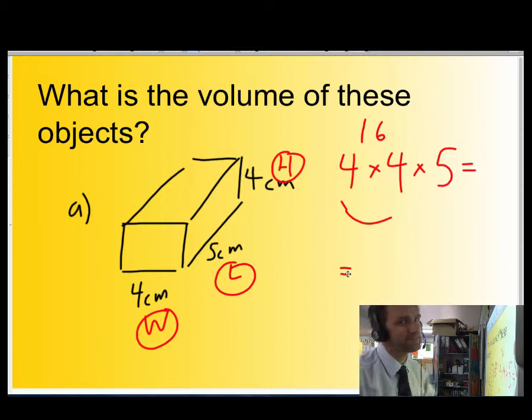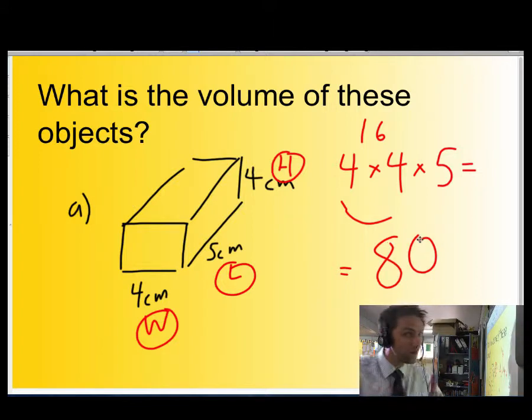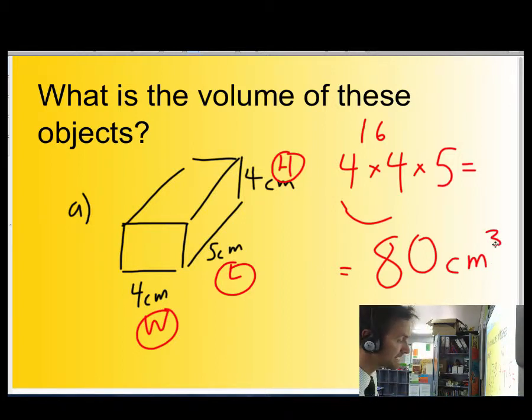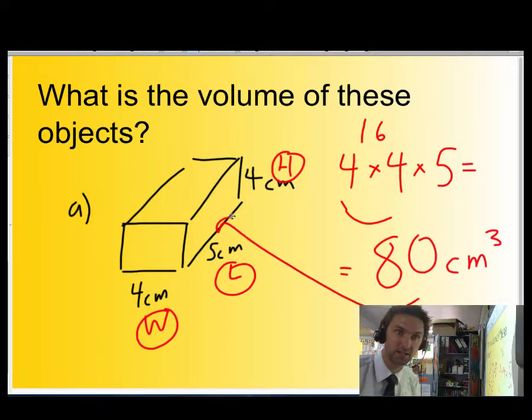Well, 5 tens are 50, 5 sixes are 30, so add it together, 50 and 30 equals 80. But 80 what? 80 centimeters cubed. It's literally saying there are 80 little centimeter cubes in this object.